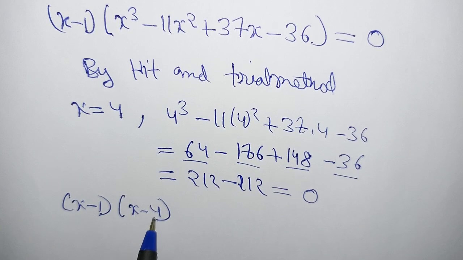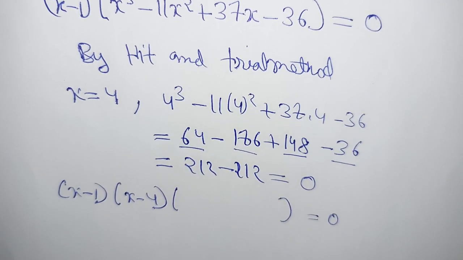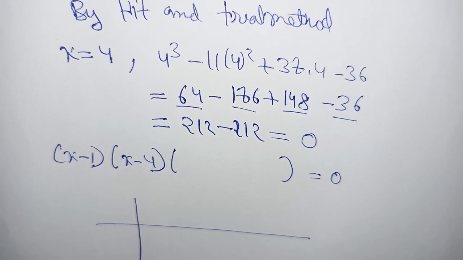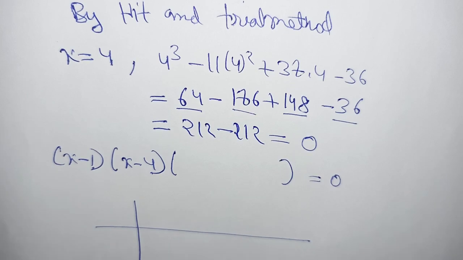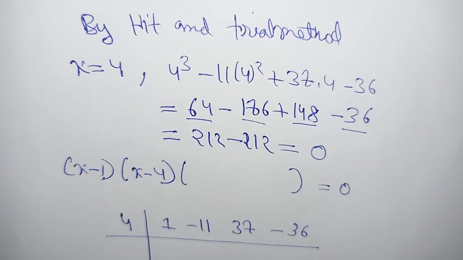After taking x minus 4 as a factor and applying the same trick as earlier, we write the second root, that is 4, and the coefficients of this cubic equation, that is 1, minus 11, 37 and minus 36. The first coefficient is the same.